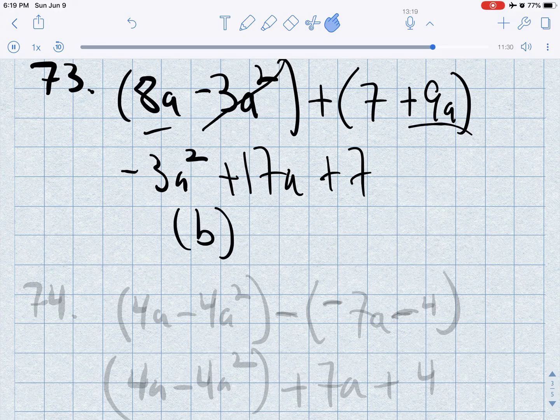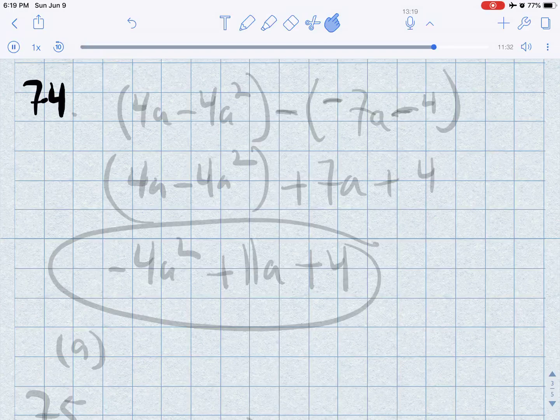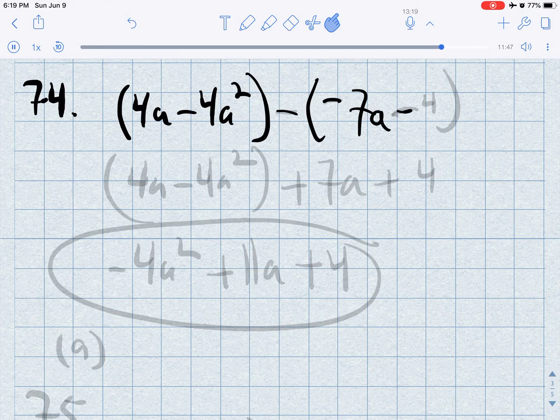All right, 74. We have the quantity 4a minus 4a squared minus negative 7a minus 4. So let's get rid of the minus right away.